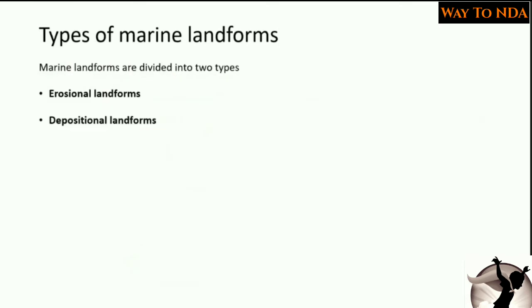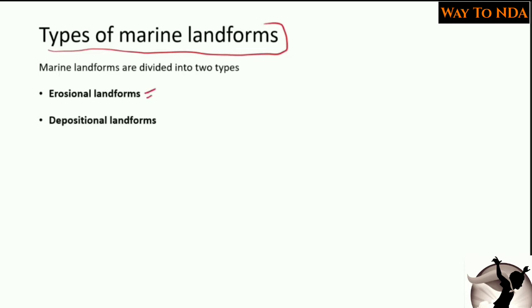Now if we see the types of marine landforms, we will get to know that there are two types of marine landforms. Firstly, there are erosional landforms, which are created due to erosion, and secondly there are depositional landforms, which are created due to the deposition of silt.